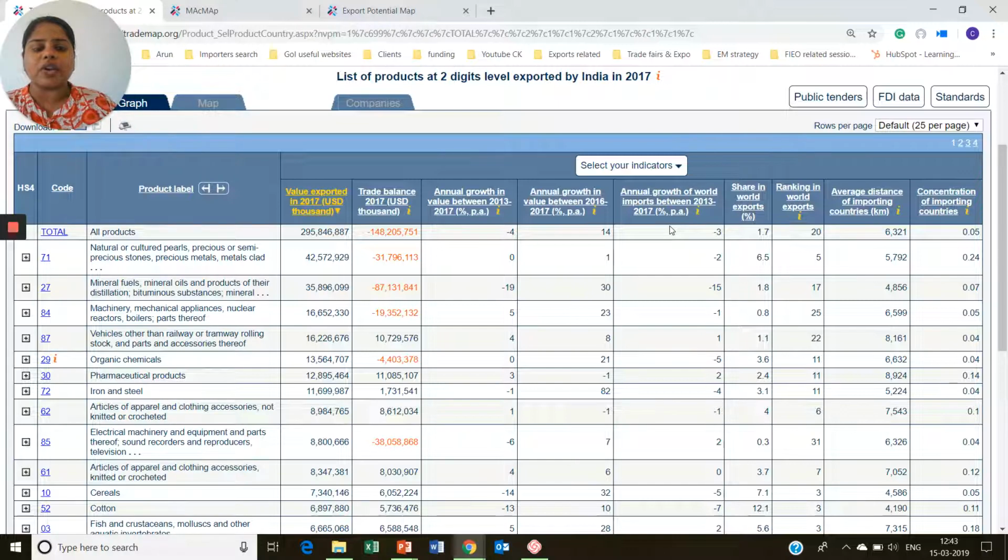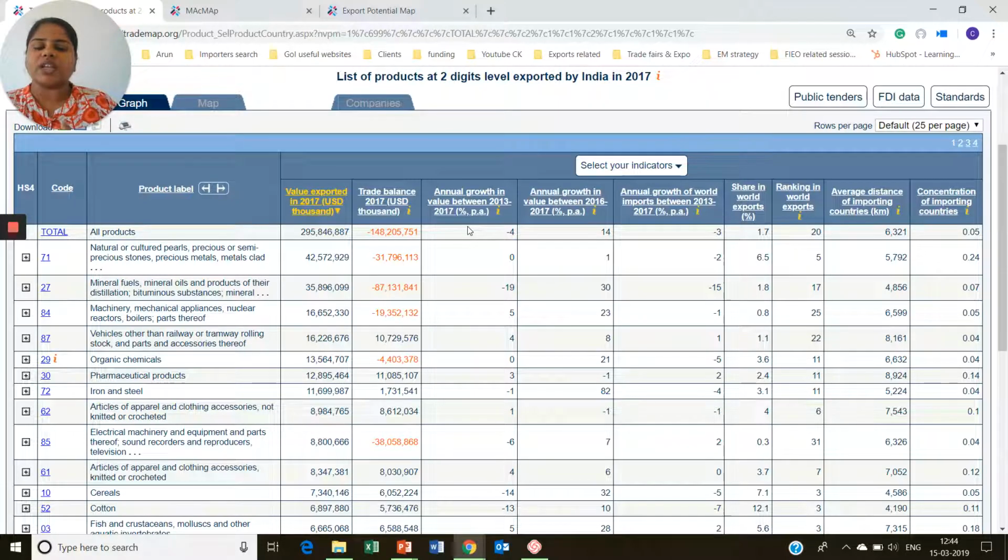So, the particular product that is imported by other countries from India. In the first row, for all products, there is a reduction in the value. This is not quantity, it is the money people are paying to buy a particular product.